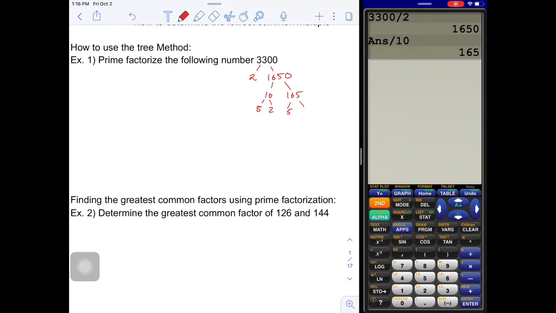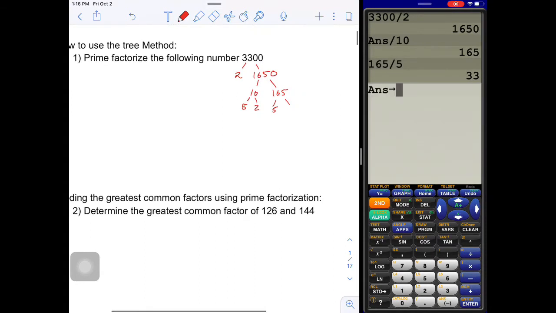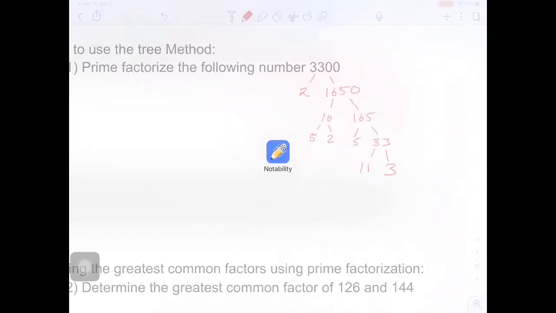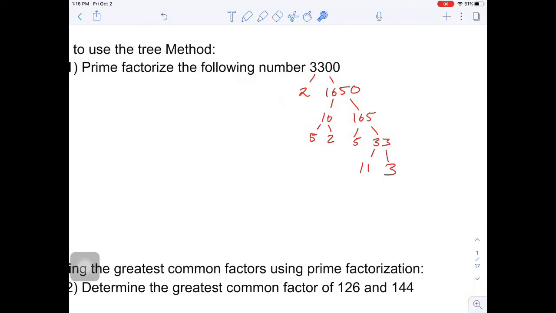So let's go to my calculator. 165 divided by 5 gives me 33. 33 you can divide by 11, and that gives me 3. And I can no longer divide these numbers. These are all prime numbers, 2, 5, 2, 11, and 3. Now I've prime factorized this thing.